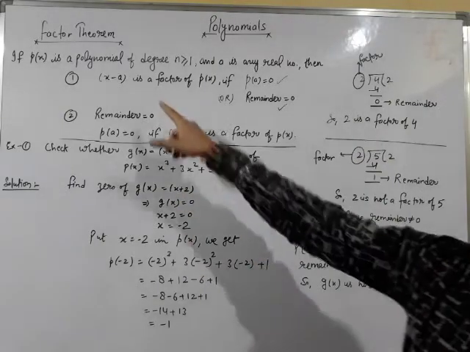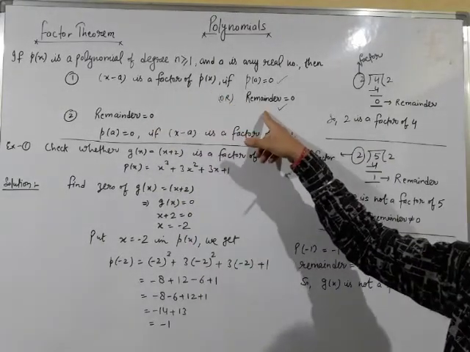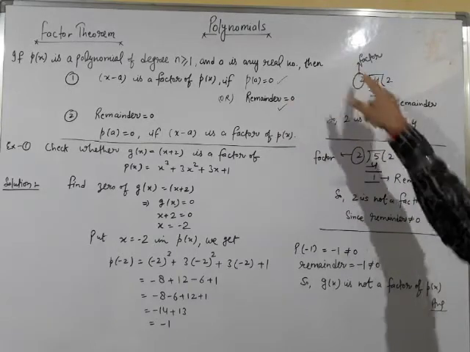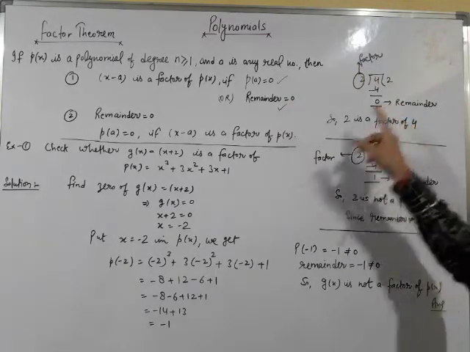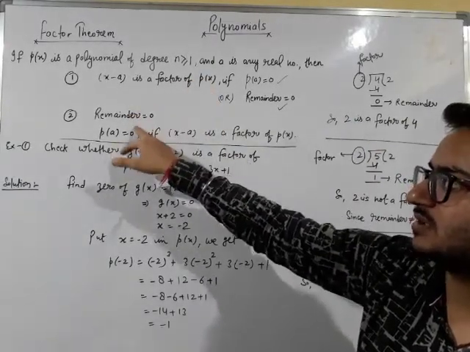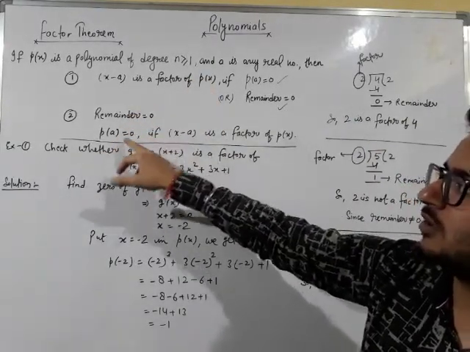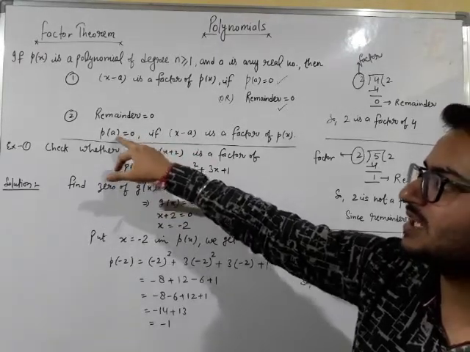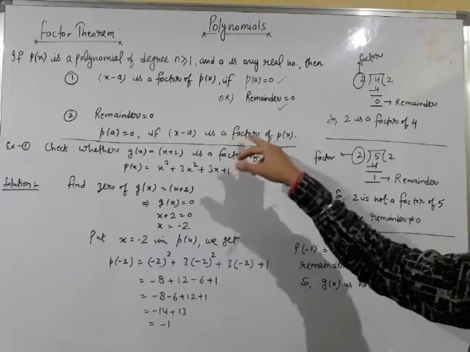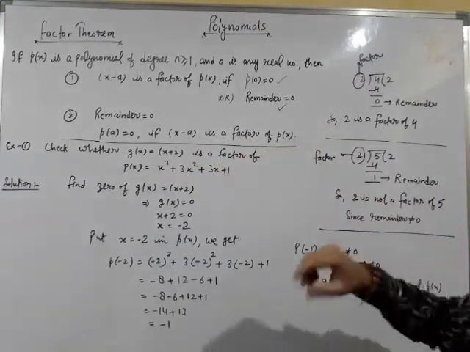So x minus a is a factor if the remainder is equal to 0. Like here, 2 is a factor if the remainder is equal to 0. And the opposite also holds: the remainder will be 0, meaning p(a) will be equal to 0, if x minus a is a factor of p(x).